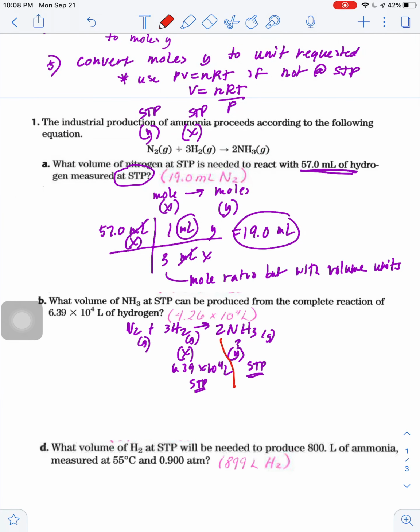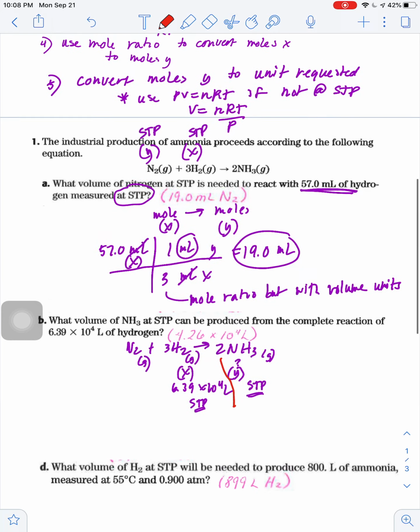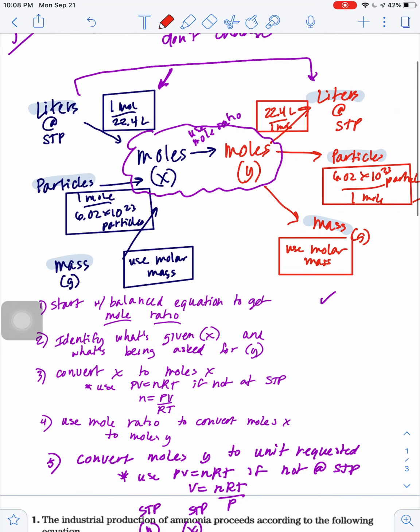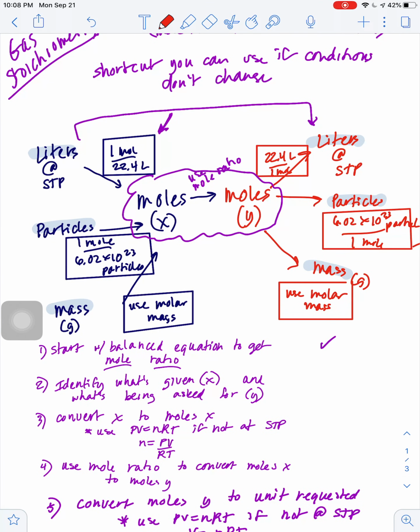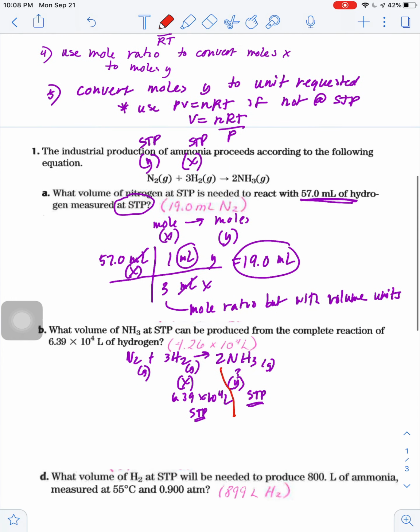I'm going to draw a line in here to keep those two separate. We have the same conditions before and after, and we have identified what's given and what's being asked for. If you're in the same conditions, you can use the shortcut and skip right across. The only thing you need to use is the mole ratio as a volume ratio.